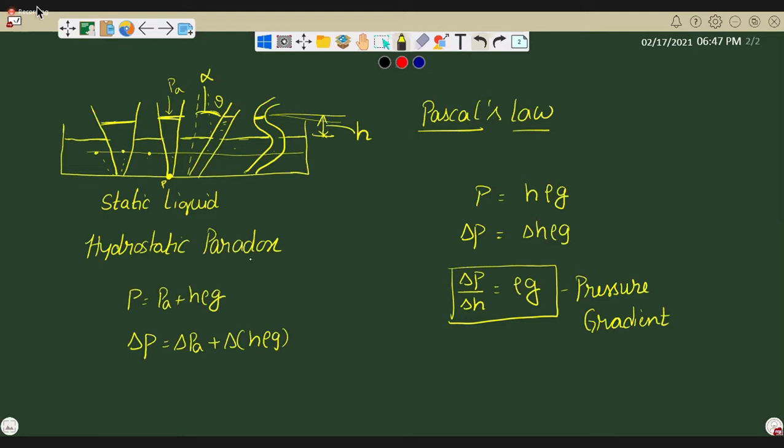Yes, sir. So h rho g is constant, and delta of it just becomes 0. So your delta P becomes your delta PA. This also proves Pascal's law. Understand? Yes, sir.